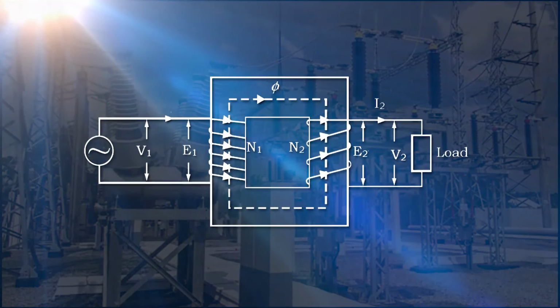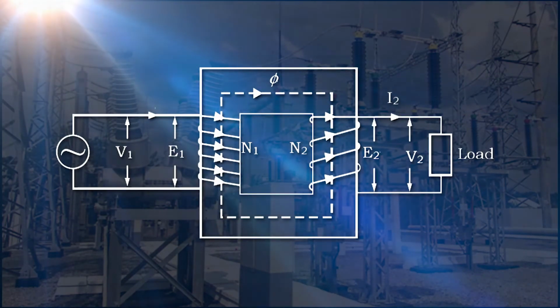Here you can see in the figure the applied voltage V1, the induced EMF E1, the primary side having N1 turns, and the secondary side having N2 turns. Due to this, the induced EMF is E2, and the voltage across the load is denoted by V2.